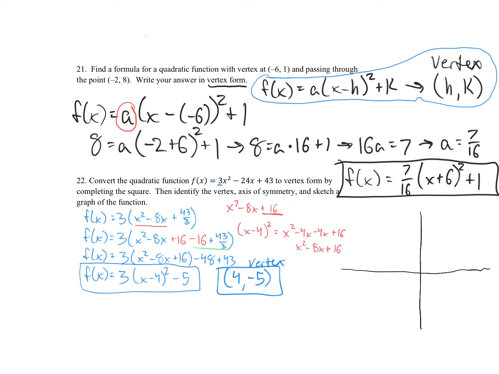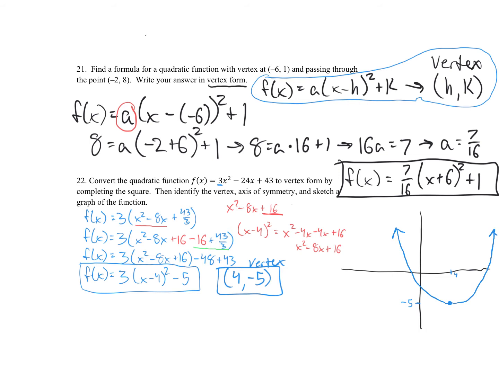If our vertex is at x equals 4 and y is negative 5, our vertex might be somewhere like here. So that's going to be our negative 5, this is 4. And then since we have a positive x squared term at the front, we know that the end behavior of the function is going to point up. So we might have something that looks kind of like this. And it says sketch, not graph, so it doesn't have to be perfect.